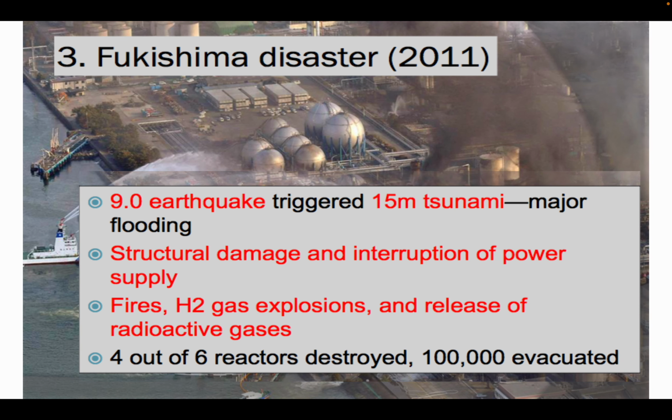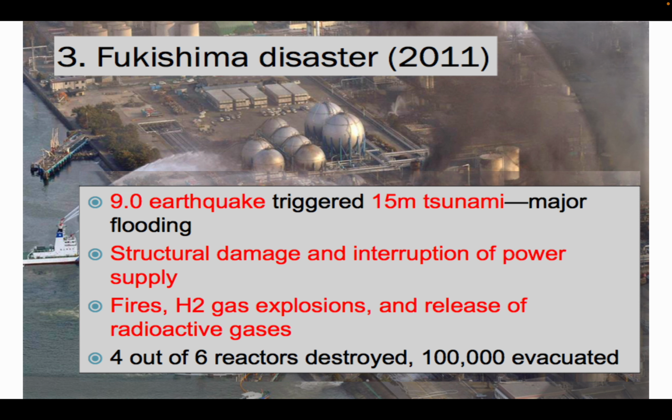Right, and our third nuclear accident that you should definitely be familiar with is the Fukushima Daiichi disaster of 2011. This is what I was talking about with natural disasters. So this happened on March 9th, 2011, very recently, we just had the anniversary of it.